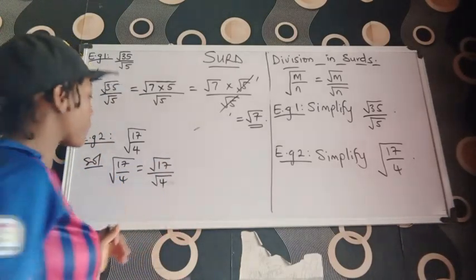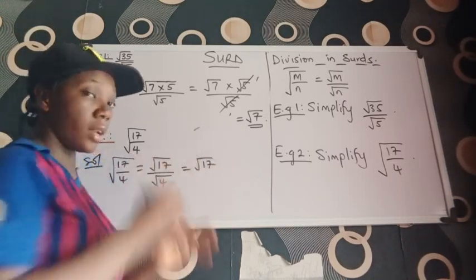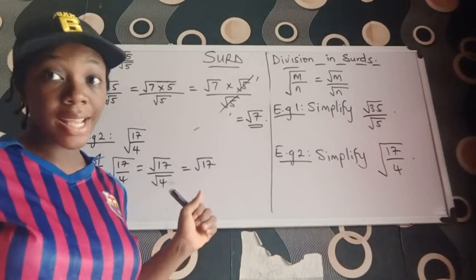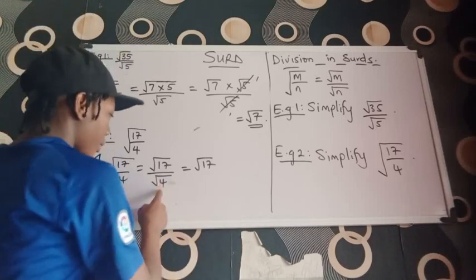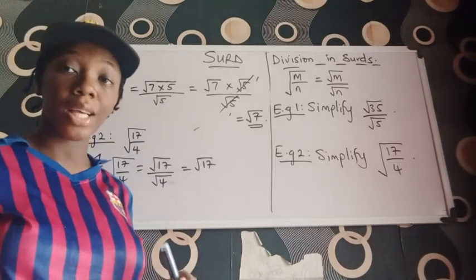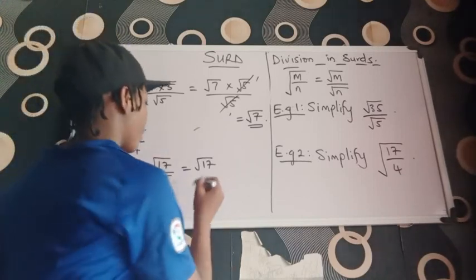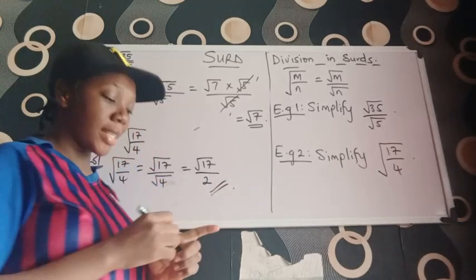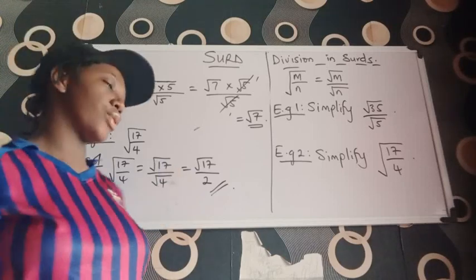We have root 17 because nothing can give us 17 except 1 times 17, so there's nothing we can do to split it more. But what about root 4? Root 4 is the same thing as 2. So that's our final answer: root 17 all over 2.